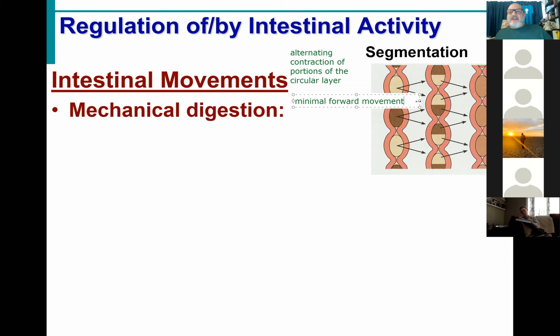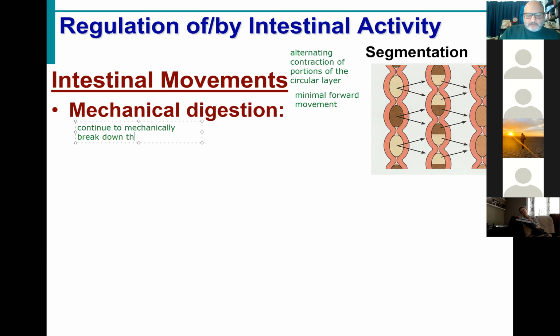Right? Instead, the primary function of this is twofold. First is mechanical digestion. It is going to continue to mechanically break down the food.